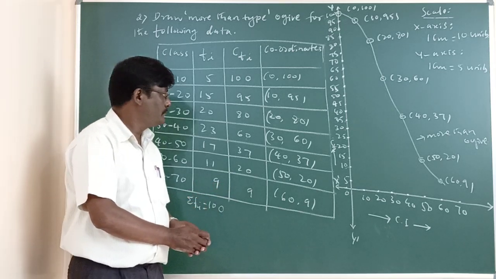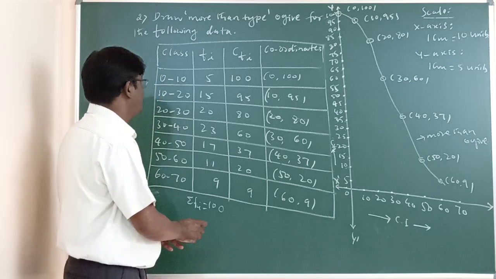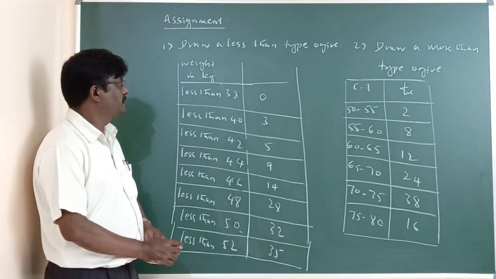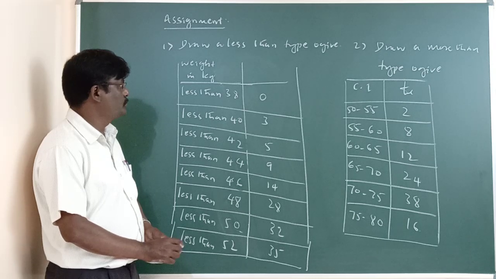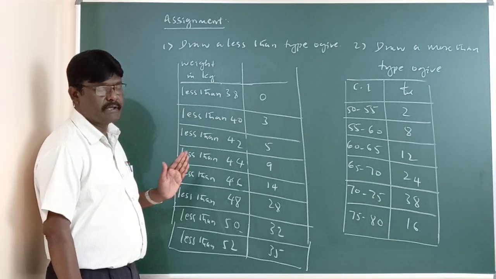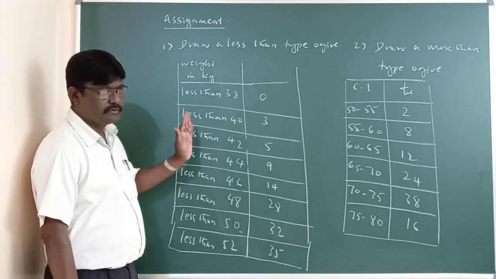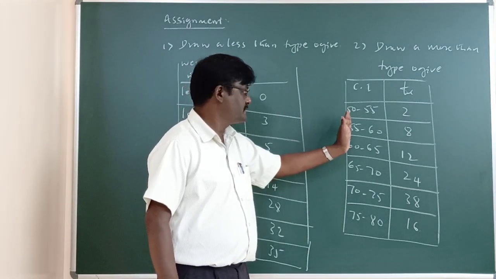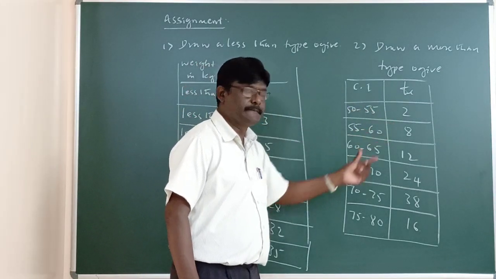Then now we shall take some problems for assignment. Okay, children. For assignment, I have given two simple problems. One is on less than. Now, this is different from what I have explained. In the first two, we had class intervals like this.